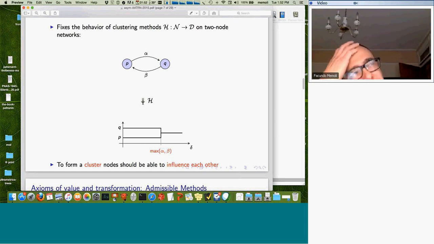Well, first I'd say that one way of thinking of the similarity is as something that tells you how difficult it is for one node to influence another node. I wanted first to study methods where the two nodes will be co-clustered if they influence each other.